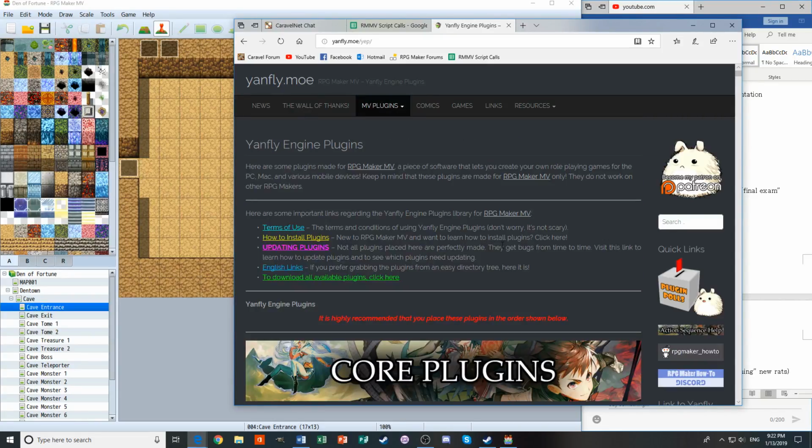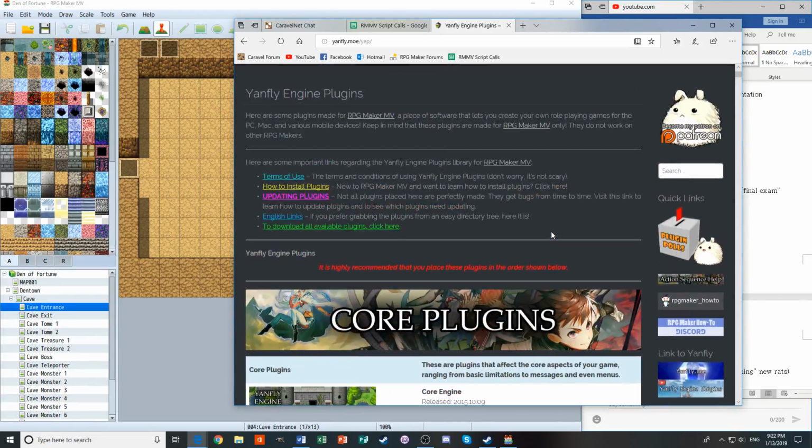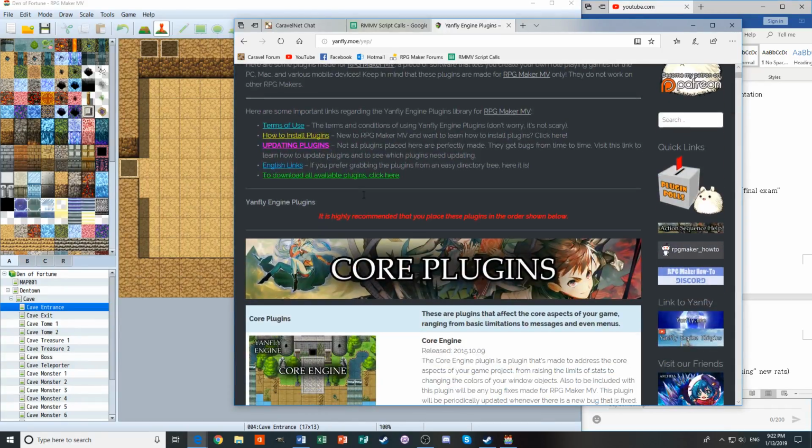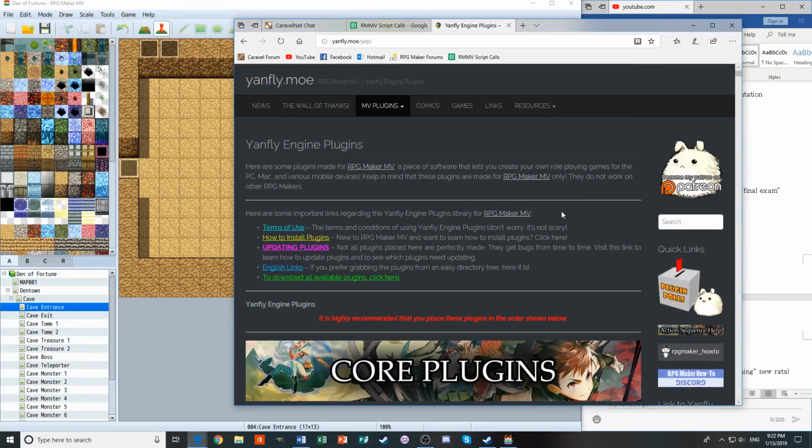A whole bunch of free plugins to use. Terms of use, if you check on this, it's free to use for free games and also for commercial games. So if I decided I wanted to sell this game for money, I'm not planning on doing that, but hypothetically, if I wanted to, somewhere down the line, I would still be allowed to use Yanfly's plugins.